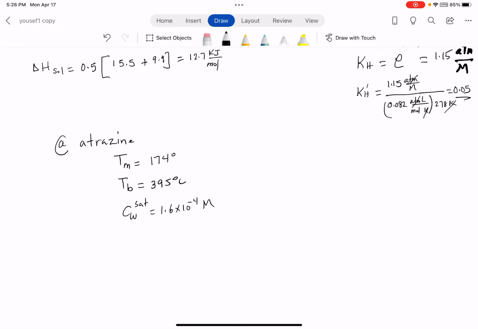But now, since we are dealing with solids, we cannot find the vapor pressure directly, and because solubility is given for solids, we only need to estimate the vapor pressure of the solid, because Henry's law constant for atrazine is equal to the pressure of the solid over the solubility of the solid.